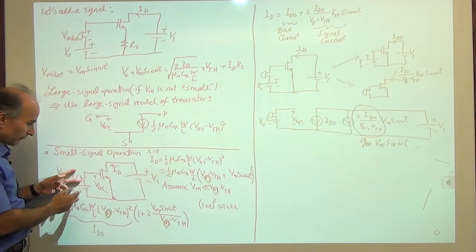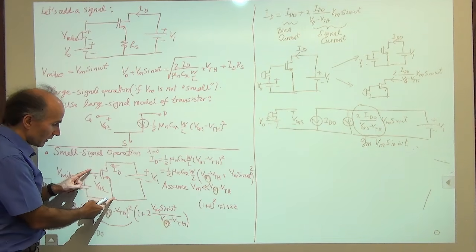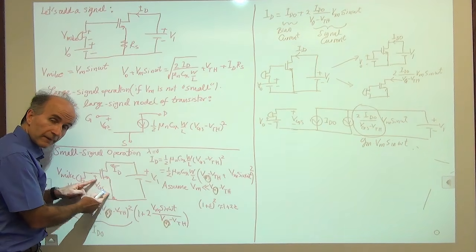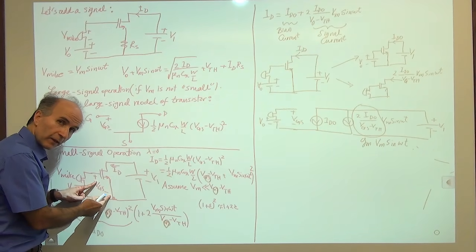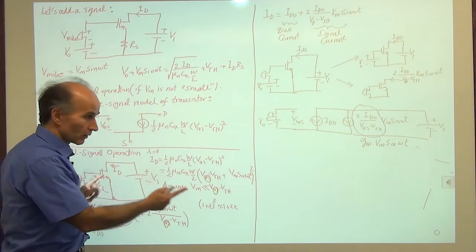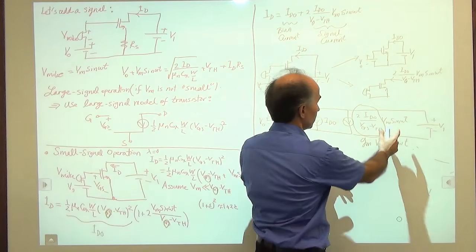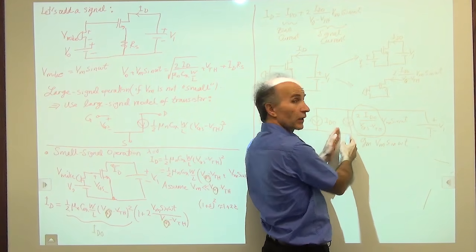So this signal voltage changed this VGS, and that change got multiplied by Gm to give us a change in the current.